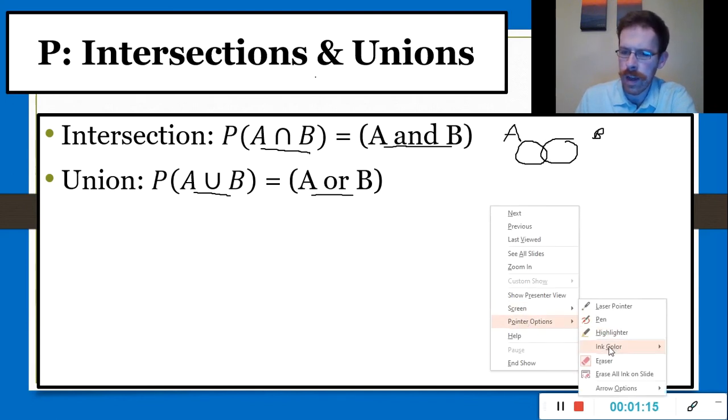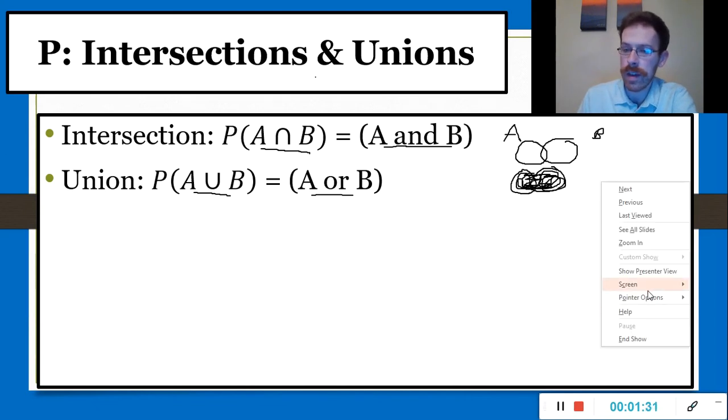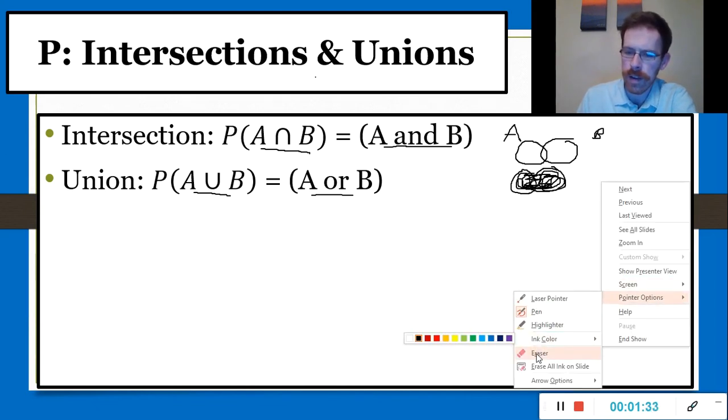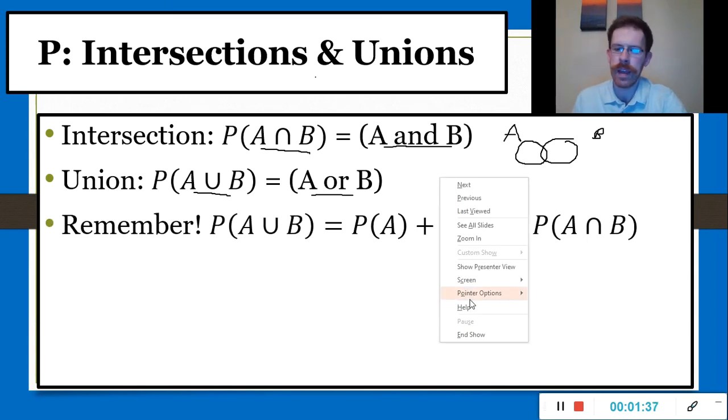That would be an intersection. With a union, however, if you had A and B, that would be everything. Because it doesn't matter if it's A, it doesn't matter if it's B, it just wants to be everything.